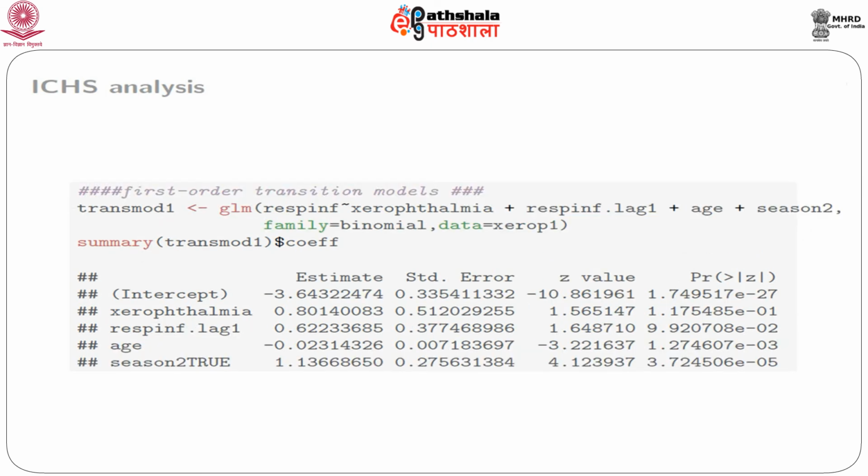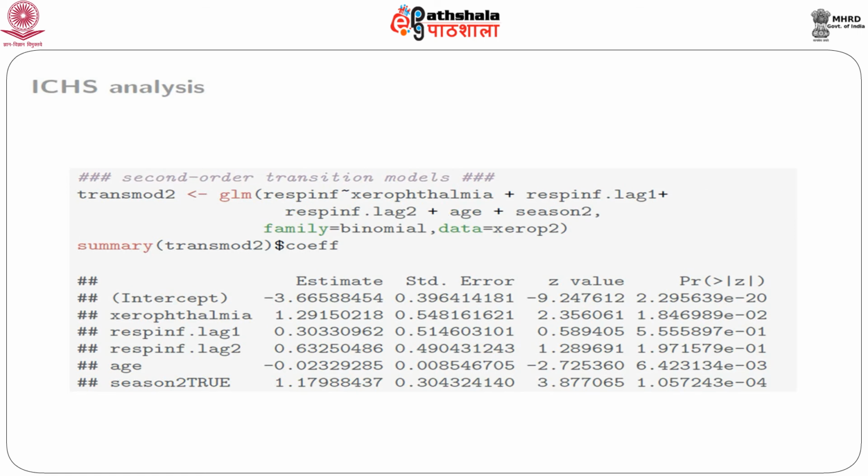Now let's see the first order transition model. Here respinf.lag1 gives us an indicator of whether there was a respiratory infection at the previous instance, and we adjust for covariates like age and season 2, and run this second model called transmod 2.